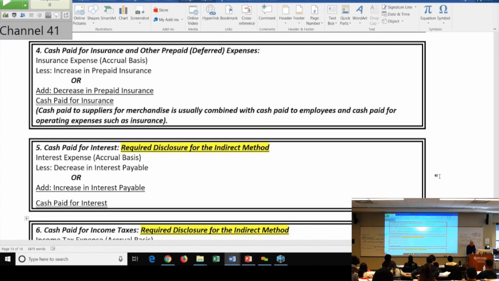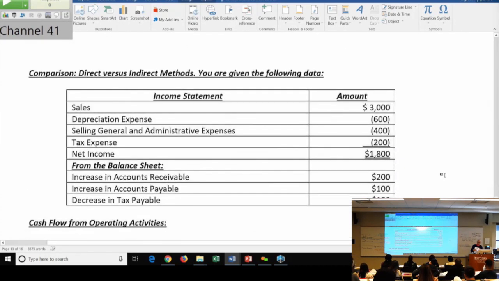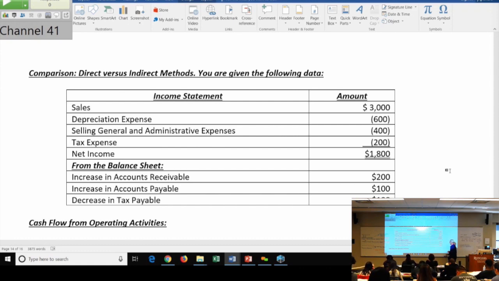I want to compare the two methods. So let's say I give you the following information. I tell you that we've got sales of 3,000, we've got depreciation expense of 600, I've got SG&A of 400, selling general administrative expense, I've got tax expense of 200, and I've got net income of 1.8.